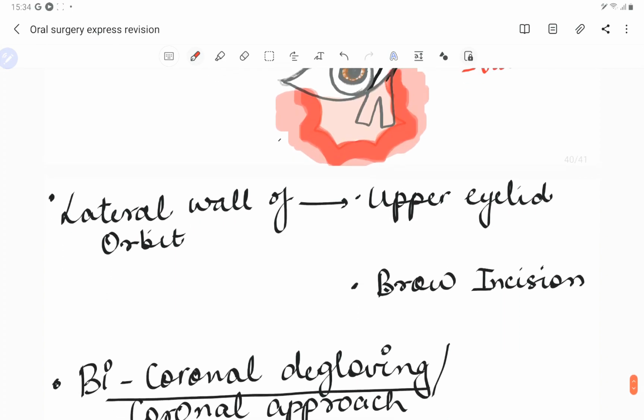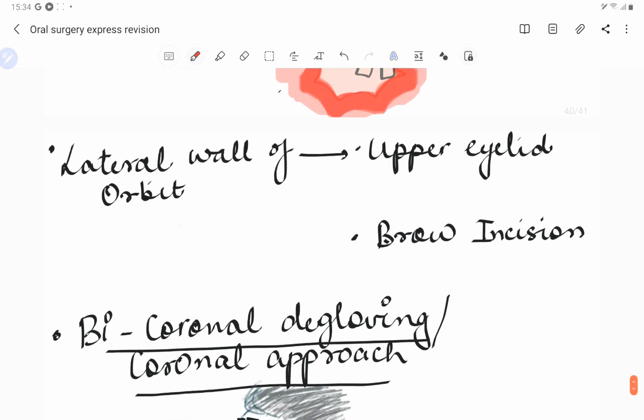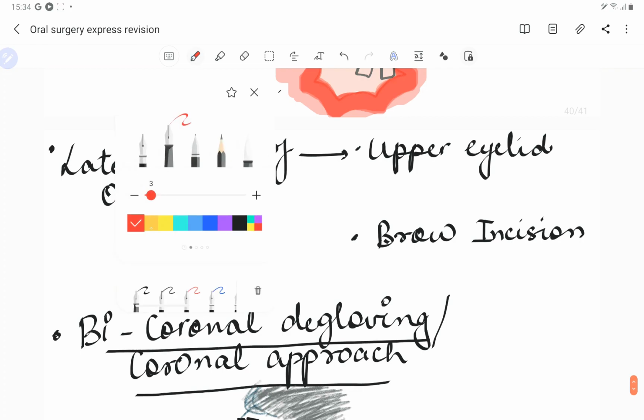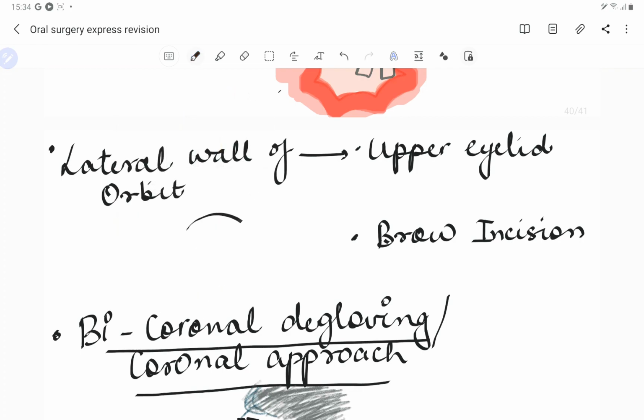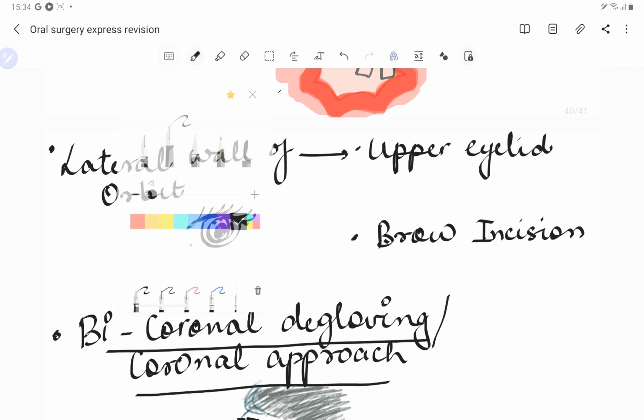So guys, in the upper skin of the upper eyelid, from the mid pupil to the lateral orbital rim. Suppose this is the eye, we have the upper eyelid right here. So we take this incision, go from mid pupil line, so from here we incise up till here.